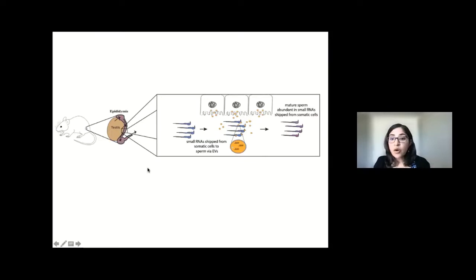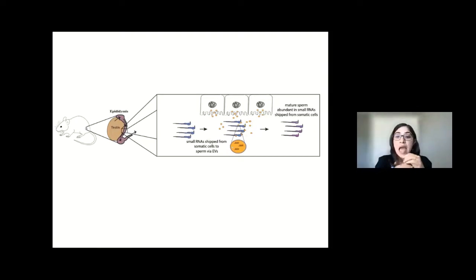So this is a tubule. You can imagine it's a tube and then sperm are swimming in the lumen. They're not physically interacting with the cells of this tubule. What we find is that the cells in this tubule also have very high abundance of those small RNAs.